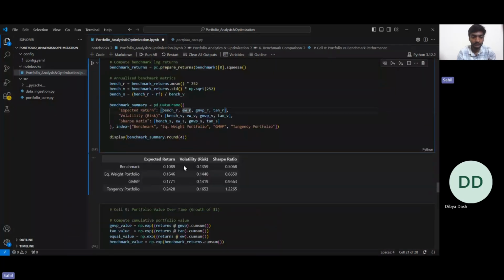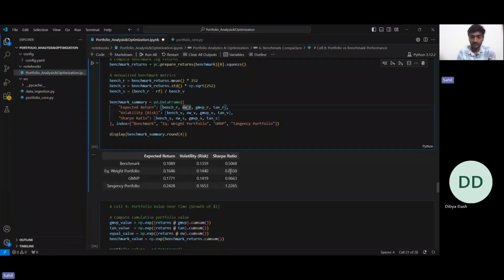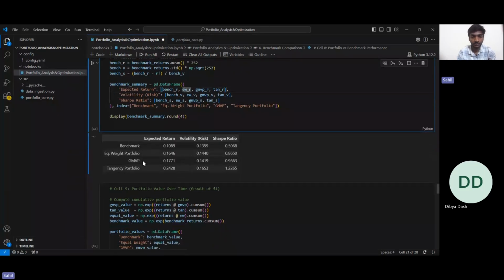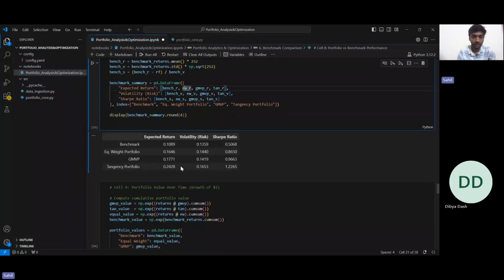Then we compare this with the benchmark. We can see that if an investor goes with the benchmark, they'll only get around 11% return with 13% risk, which gives a Sharpe ratio of half, which is not good compared to other portfolios like equal weight, GMVP, and tangency portfolio.